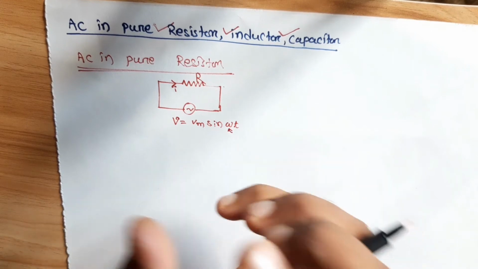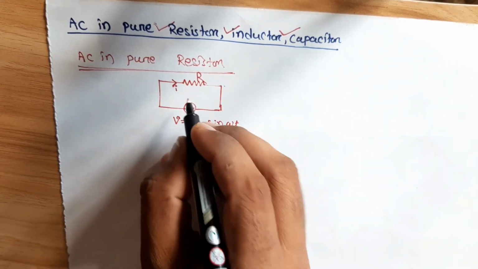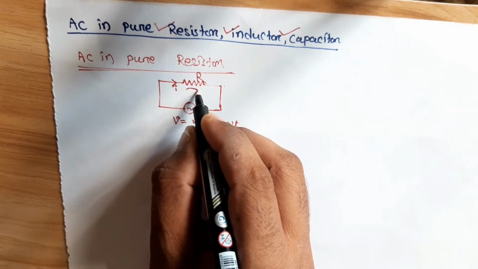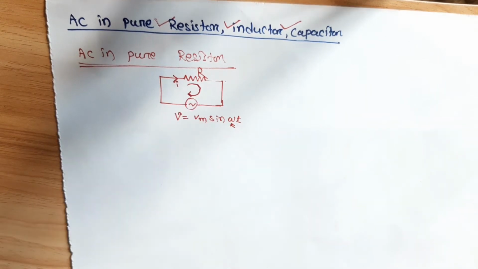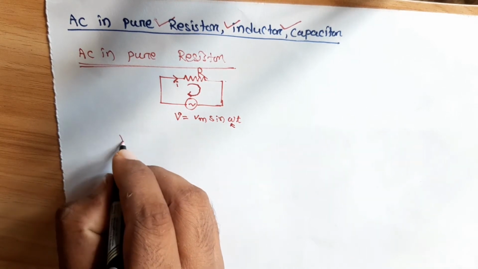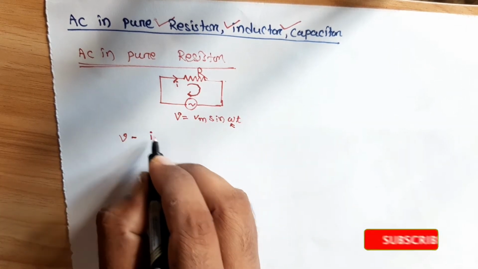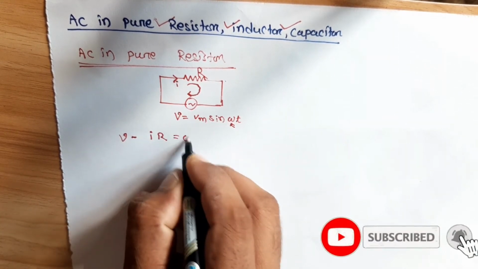Then you see what happens when the AC flows. Let's apply KVL here. When we apply KVL, this V minus this I into R is equal to 0.